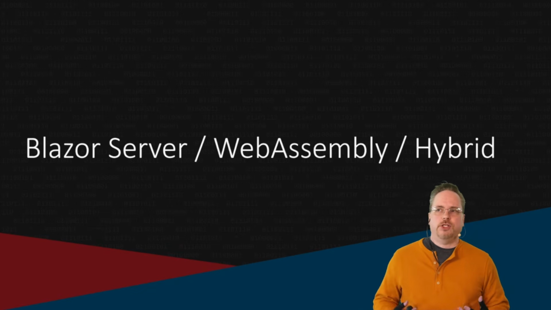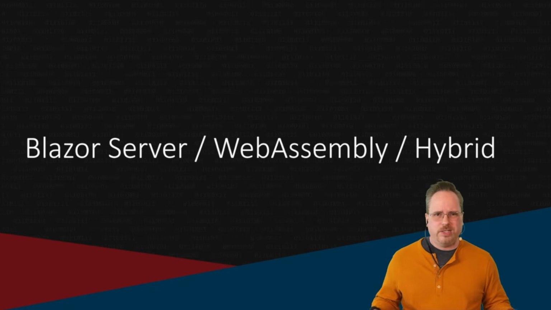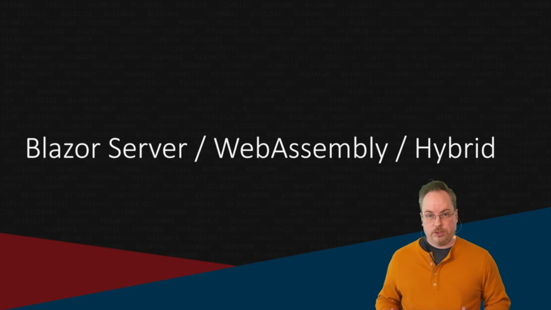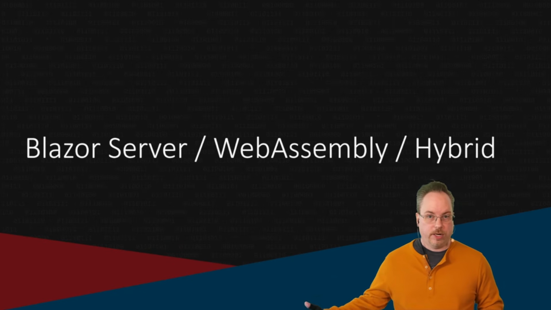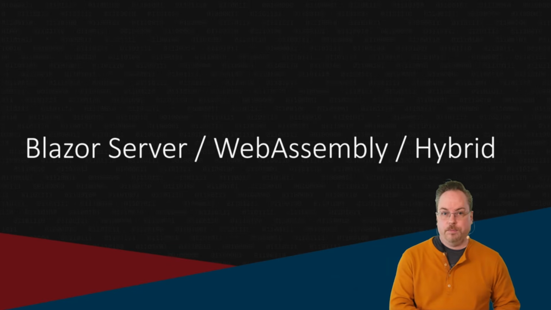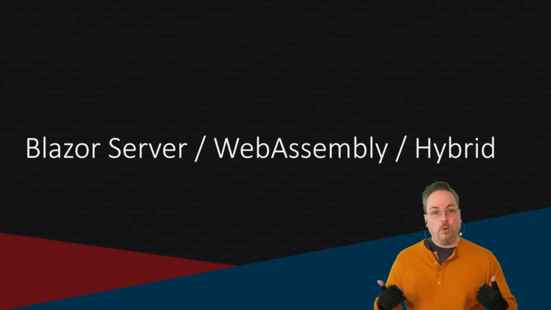So when it comes to the different render modes, it's really all about very small differences. It's mostly about access and where things are running. So if we're running Blazor Server, we get access to internal resources like databases on our network, for example, or the server CPU. If you're running Blazor WebAssembly, we got access to local resources.